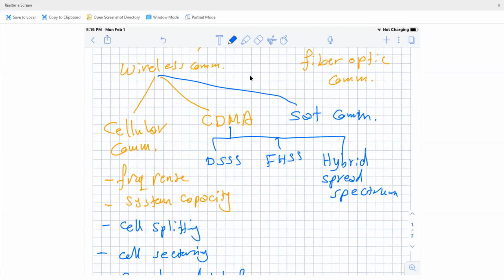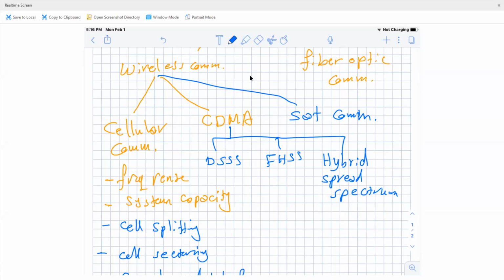When the signal travels from the ground station to the satellite, the signal travels between two points within the wireless channel. So we are going to measure the signal at the input and at the output. I mean at the base station or ground station and at the satellite point.